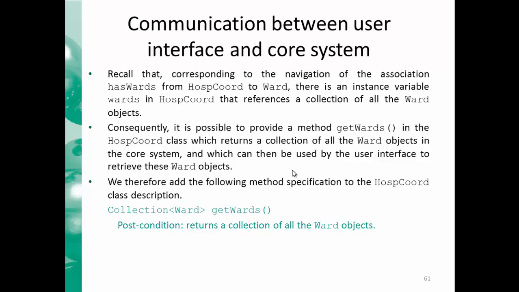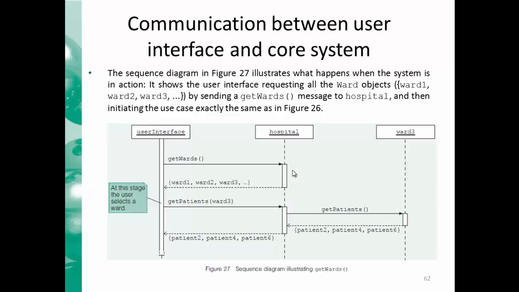Now it is possible that we provide a method called getWards in the coordinating class, the hospital core class, which returns a collection of all the ward objects in the core system, and which can then be used by the user interface to retrieve these ward objects. This is possibly the signature for the method getWards, and the postcondition is to return the collection of all the ward objects defined in the system.